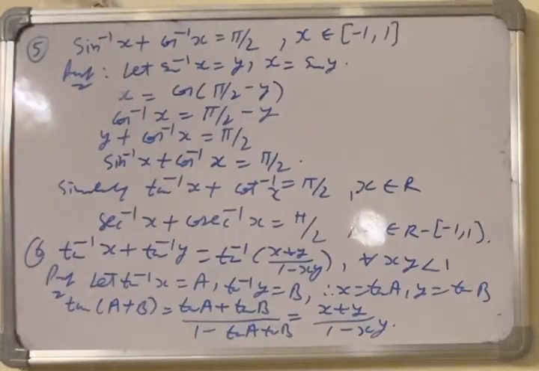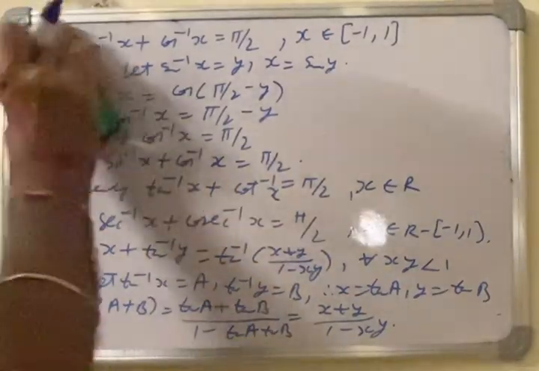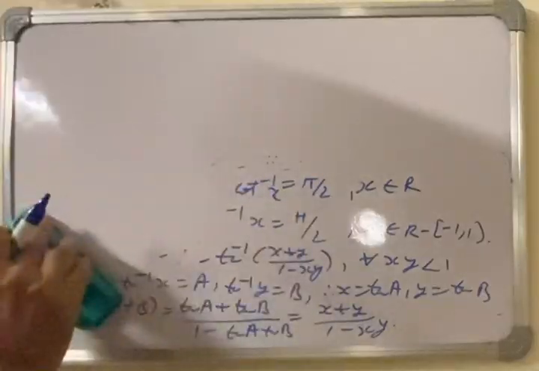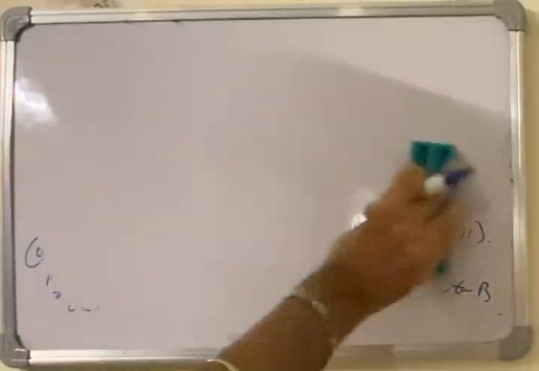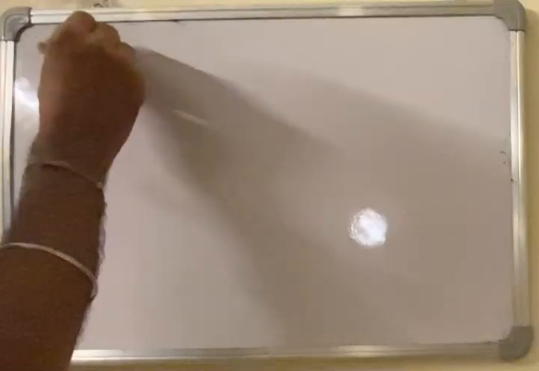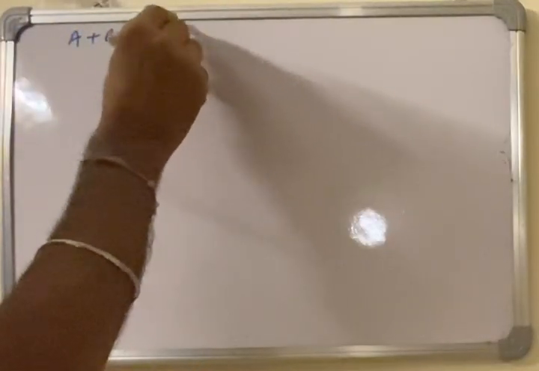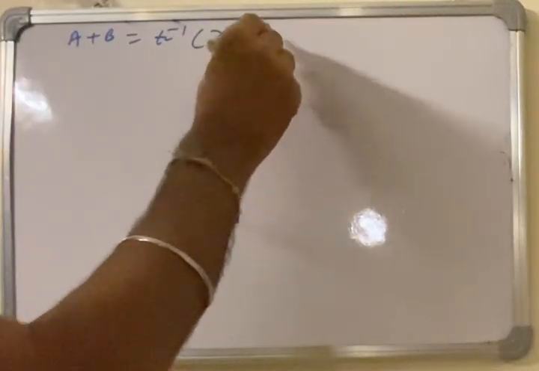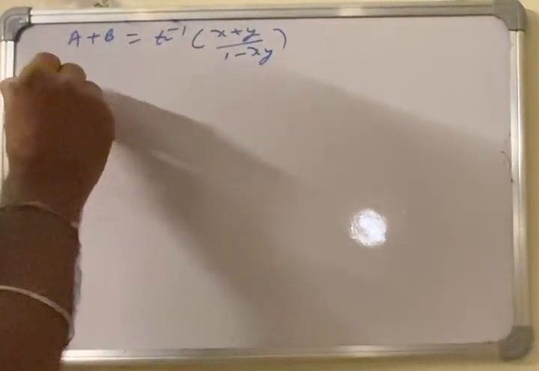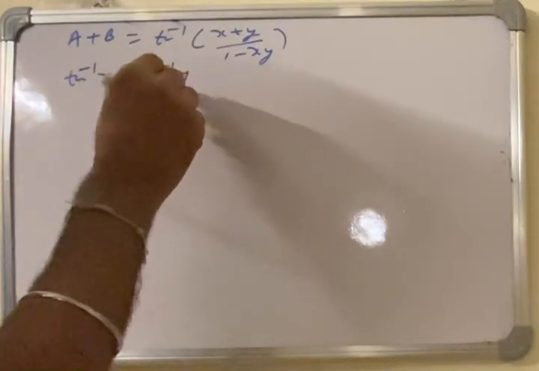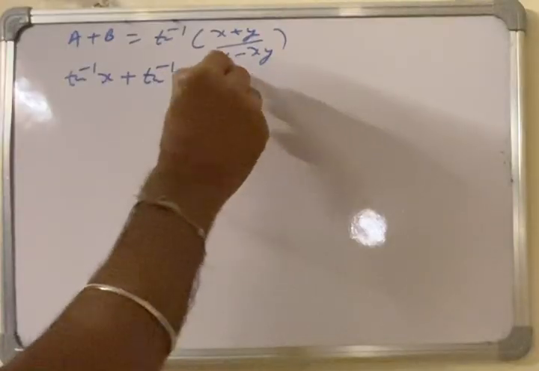Therefore, A plus B is equal to tan inverse of x plus y over 1 minus xy. We put the values of A and B: A is tan inverse x plus B is tan inverse y is equal to this.